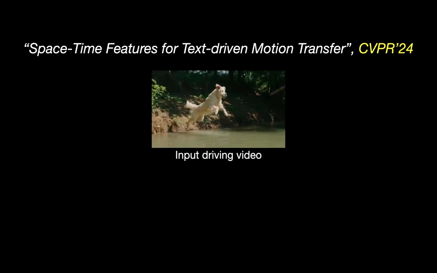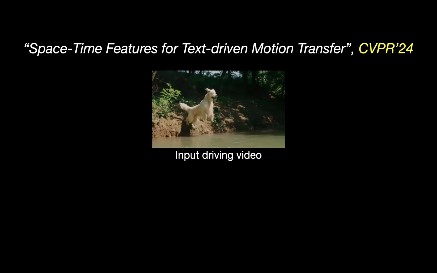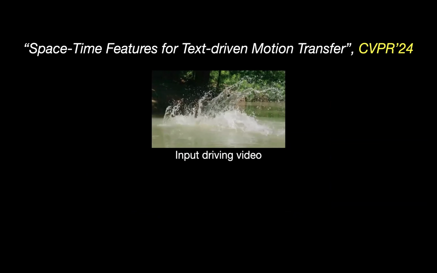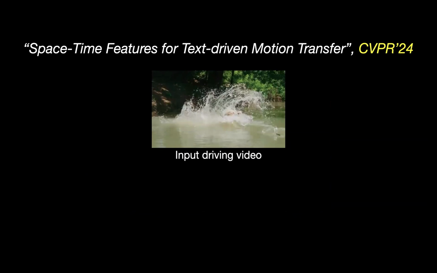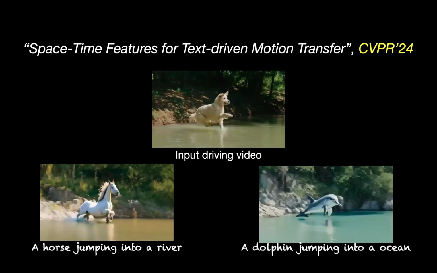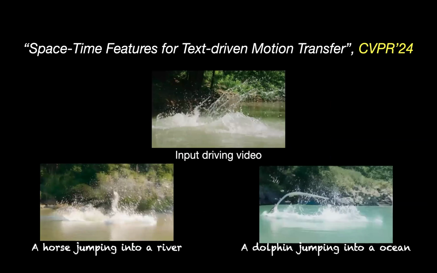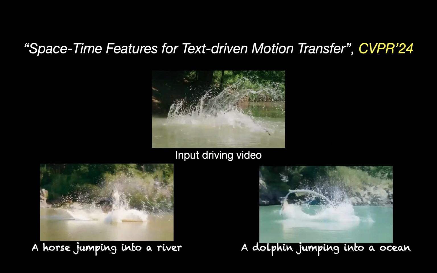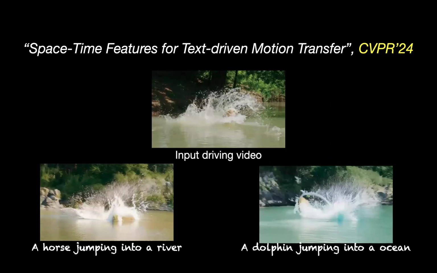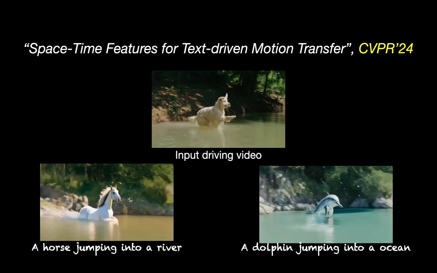So the input is a driving video. And we want to transfer the motion depicted in this driving video onto different object categories using a simple text prompt. And you can see that in order to achieve this, we must allow flexibility.